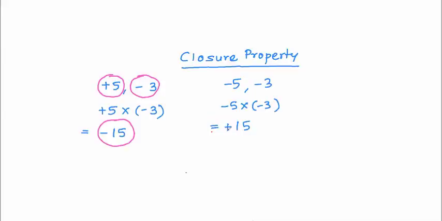So the answer is plus 15. The multipliers minus 5, minus 3, and the answer plus 15, all these three are integers, and hence we can confidently say that integers are closed under multiplication. So let's go and update our chart.